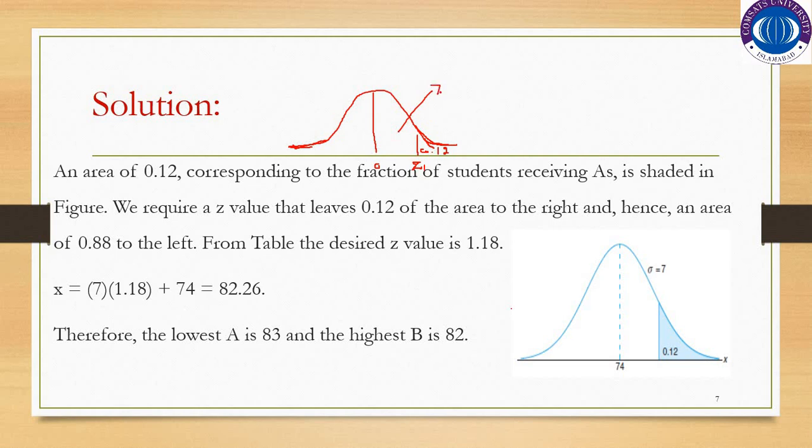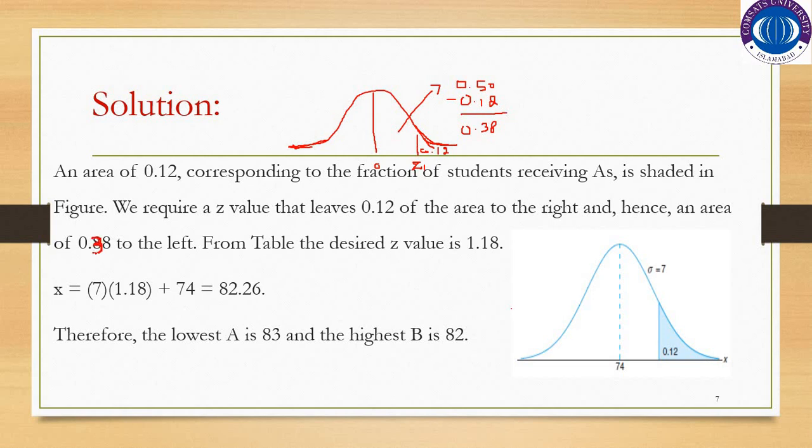So this area would be 0.5 minus 0.12, so this would be 0.38. So the total area in this particular region between the mean and the particular point Z1 is 0.38.